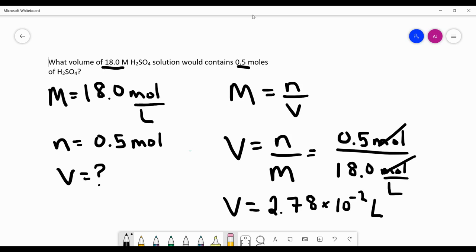So my volume is 2.78 times 10 to the negative 2 liters, or 0.0278 liters.